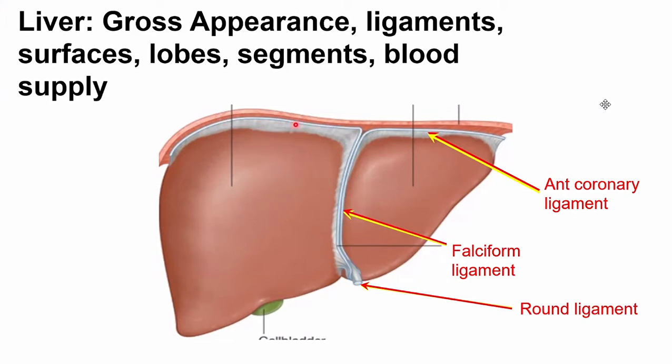So this is the same as the anterior coronary ligament, as this one. Anterior and in front of the liver, both of them, and they become the falciform ligament. All right. So these are just peritoneal reflections.